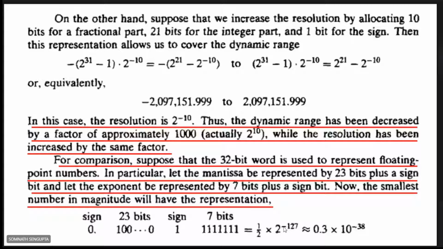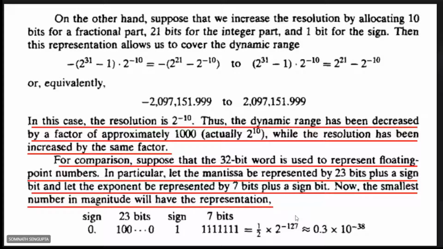Yes, 128. So actually it is not 2 to the power minus 127; it is 2 to the power 7 minus 1. What did you tell? Sir, I told 2 power 8 is 128. No, sir, 2 power 7. 2 power 7 is 128, yes.